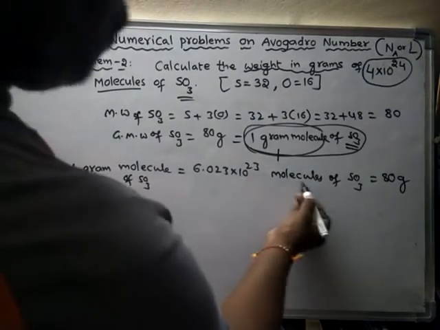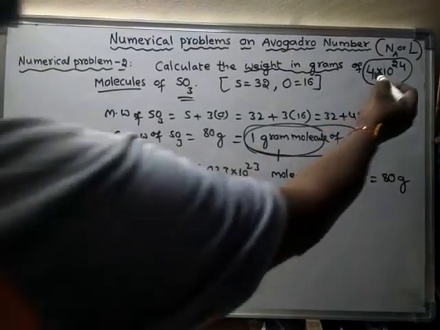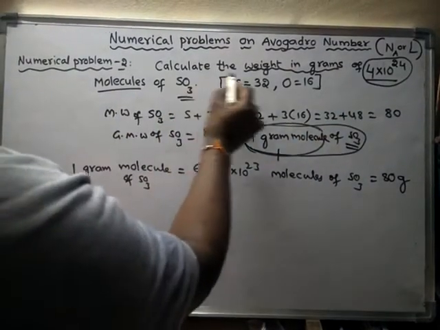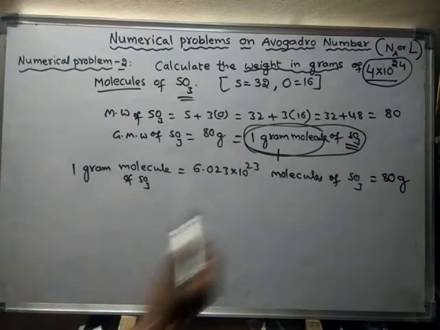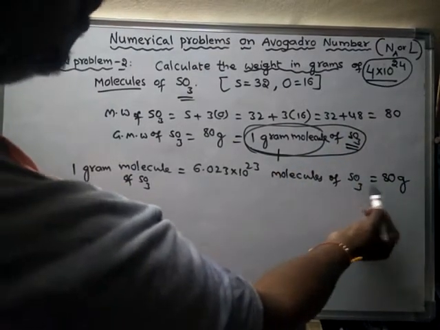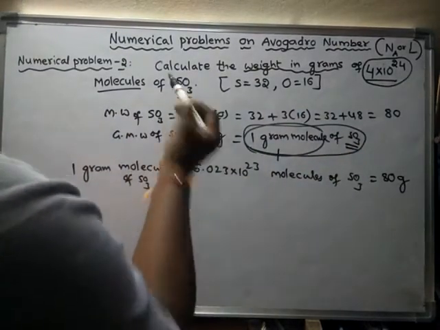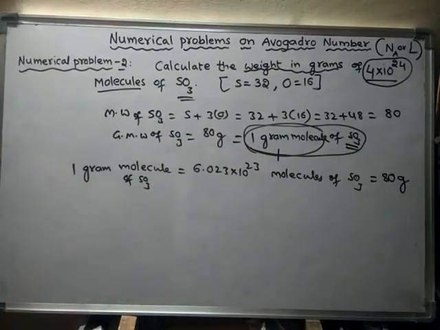When these many molecules of SO3 weigh 80 grams, the question is, 4 into 10 to the power of 24 molecules of SO3 will weigh how much? When 6.023 into 10 to the power of 23 molecules of SO3 is equal to 80 grams, then 4 into 10 to the power of 24 molecules of SO3 will weigh how many grams?